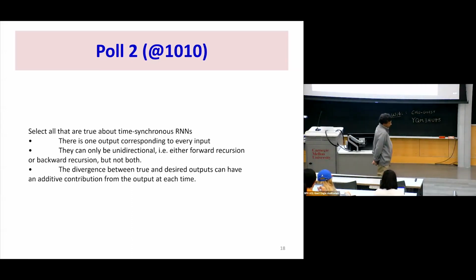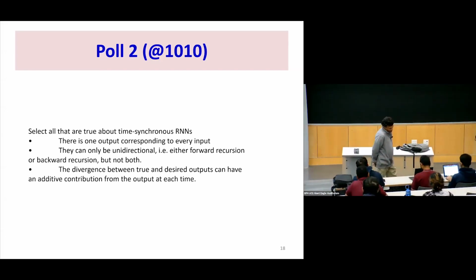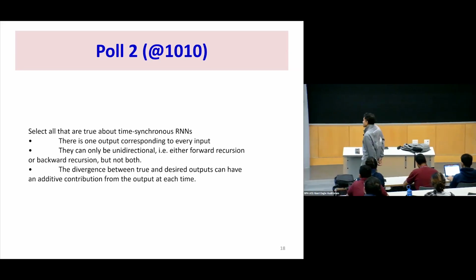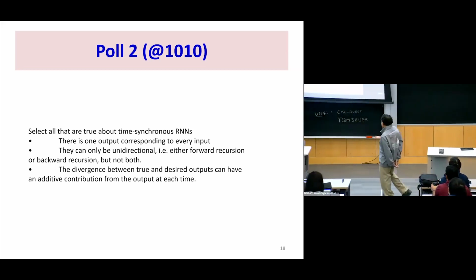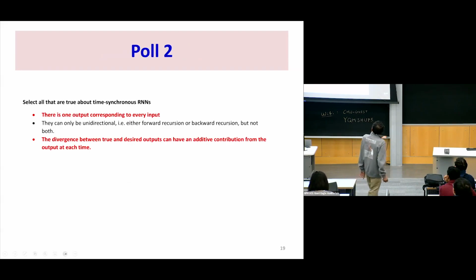Okay, guys, time's up. So, what's the answer? First one is true. So there's only one corresponding output corresponding to every input. And the divergence can always be thought of in terms of conditional inputs.